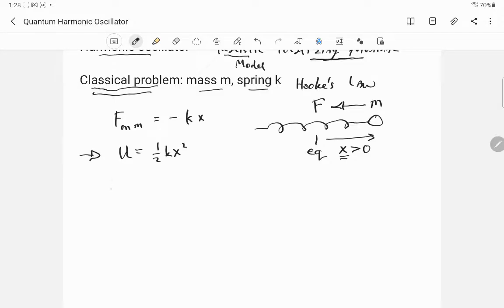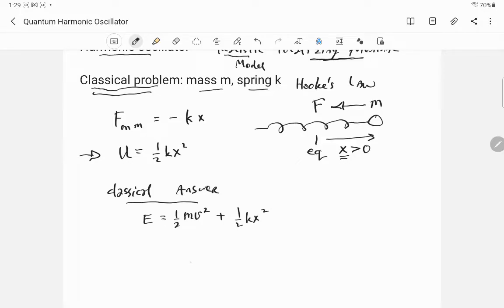So the classical answer for how this particle is going to behave is that the energy of the oscillatory system is going to be 1/2 mv squared, right? That's the kinetic energy of our little particle, plus the potential energy, so 1/2 kx squared, right?